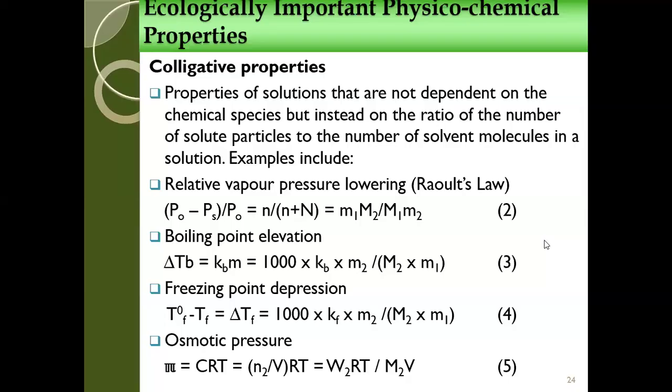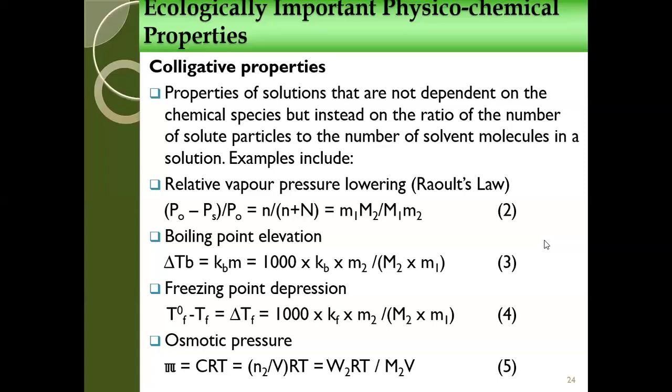Boiling point elevation is given by delta TB equal to KB times m, where KB is the boiling point elevation constant, and m is the molality.